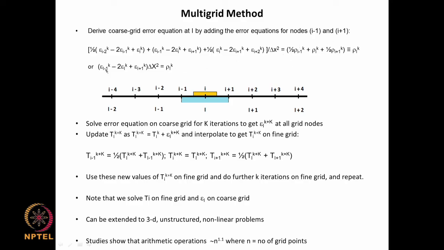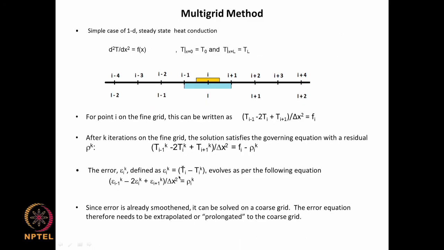Then we get the error, and we say the true value is the value at the end of small k number of iterations plus the estimated error at this particular point. If you go back to our definition, the error is the true solution minus this one here. So, the true solution is this plus the error.